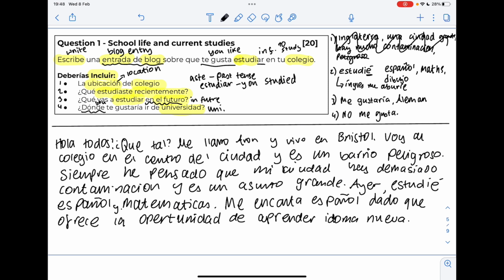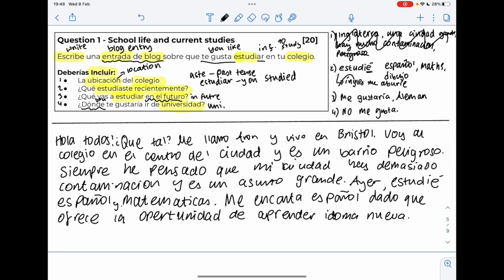So what I've said there is, yesterday I studied Spanish and maths. I love Spanish because it offers the opportunity to learn a new language. That's hit the criteria there.